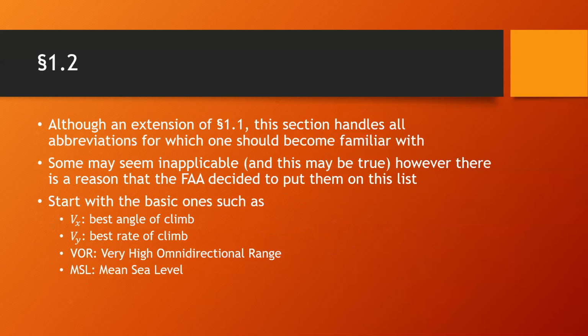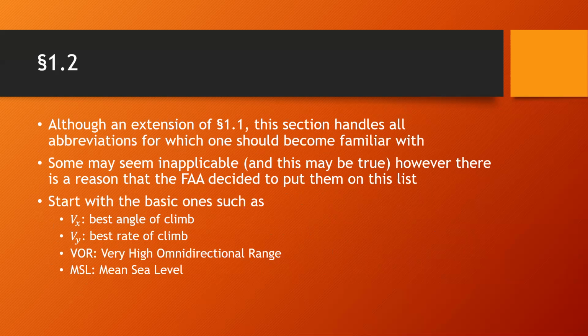Section 1.2. This section is kind of like an add-on to Section 1.1. It has more abbreviations and definitions, and it has some important ones like VX and VY, or VOR or MSL. As it turns out, the aviation world, a lot like the engineering world, has a lot of acronyms, and sometimes you don't need to know what they mean, like VOR.